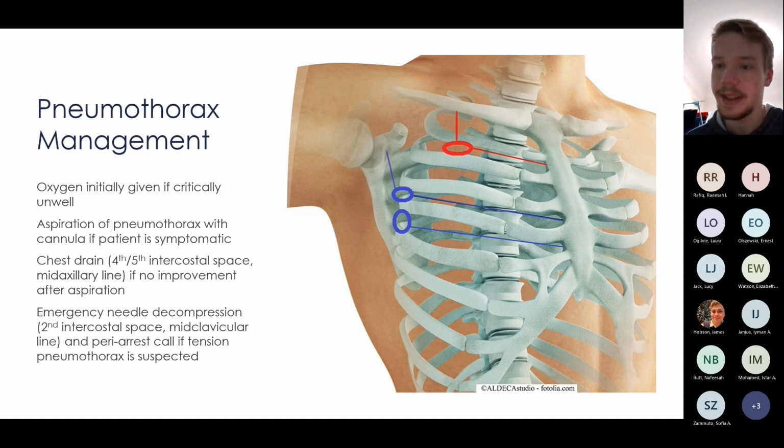Yeah, so you've got aspirate, chest drain, and then not doing anything.